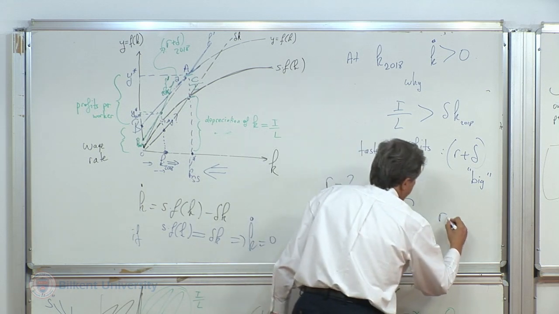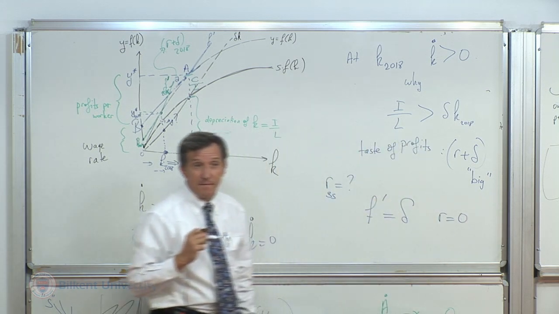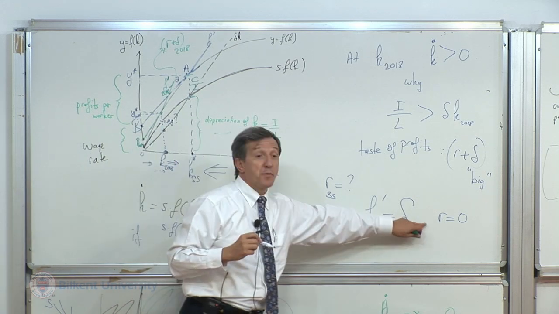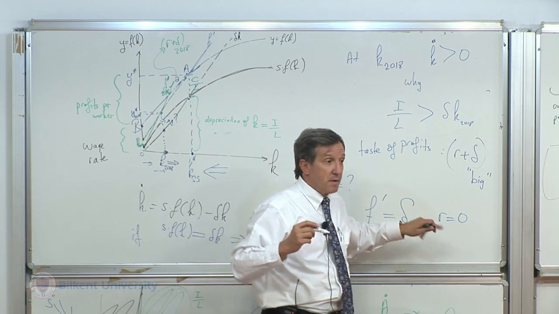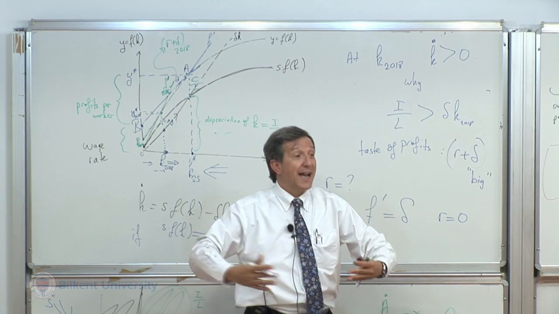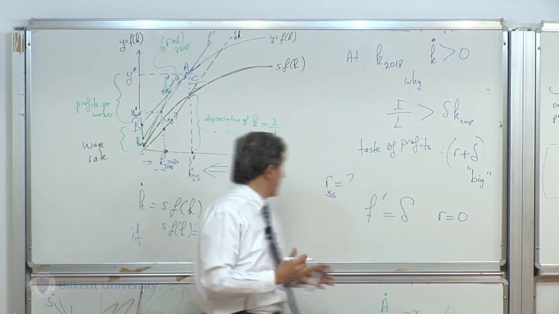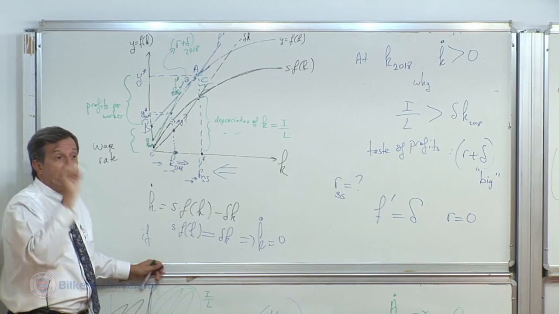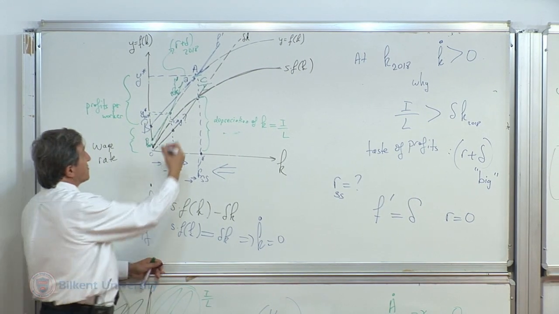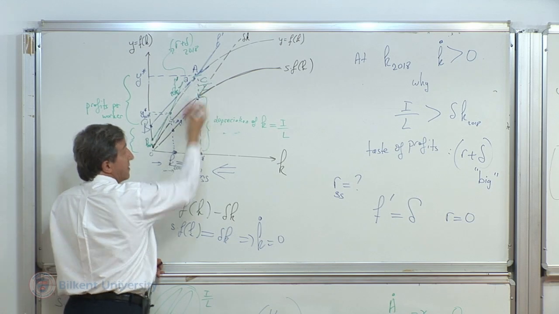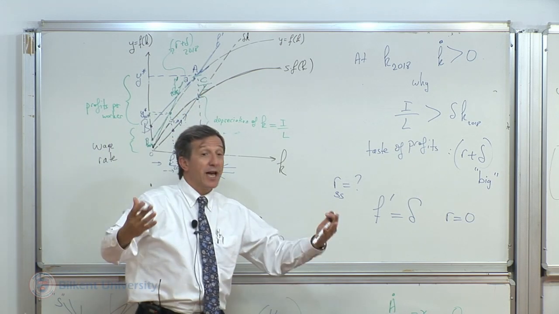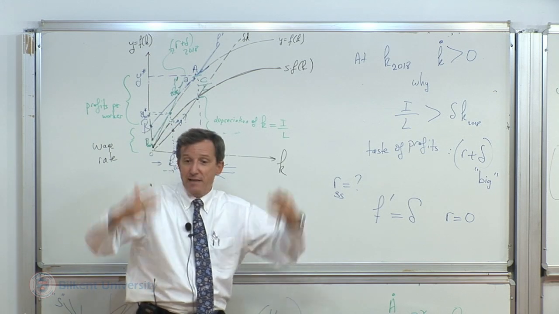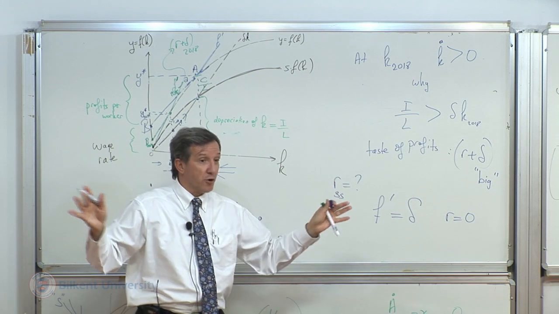That is, R must be equal to 0. Because if the net profit rate is not 0, then there is always an opportunity for expanding your capital stock. That means you will continue to expand your capital stock, seeing that there is net profit rate. And this profit rate is continuously falling because I have assumed a diminishing returns to capital production function at the very outset. Otherwise, this will not work.